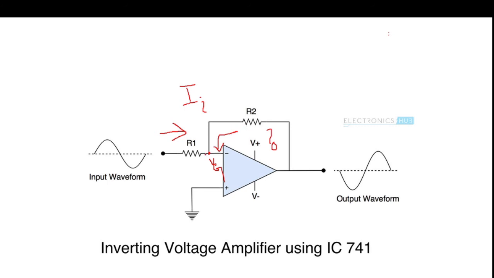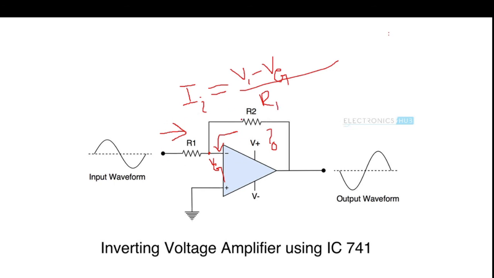So at this point, what is I1? I1 means the voltage across R1. So I1 equals Vi minus Vg upon the resistor, according to Ohm's law, R1.